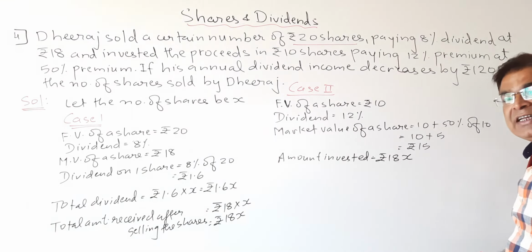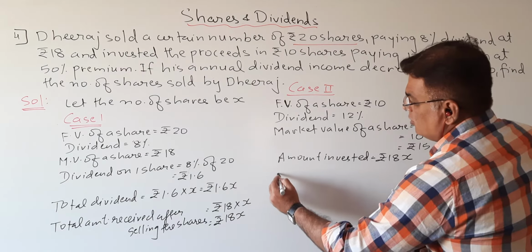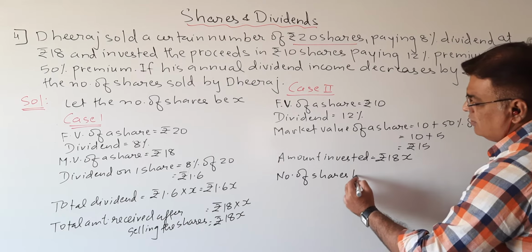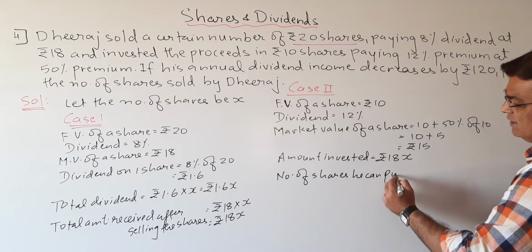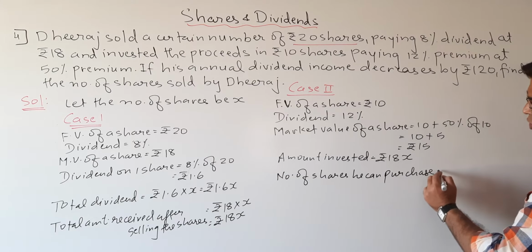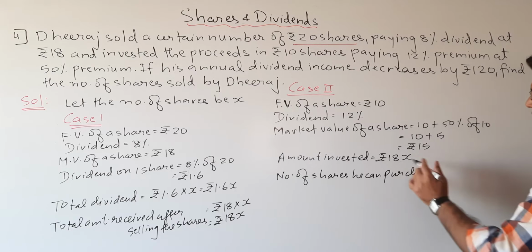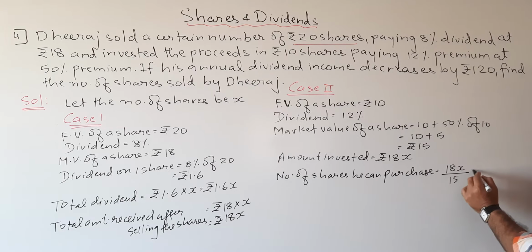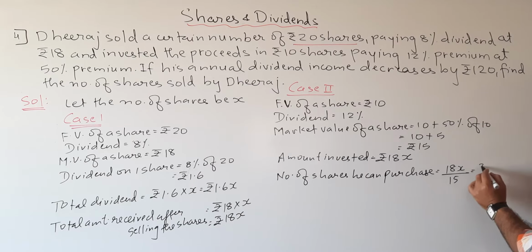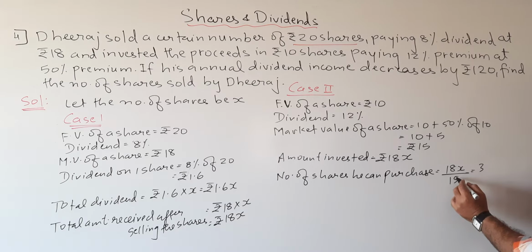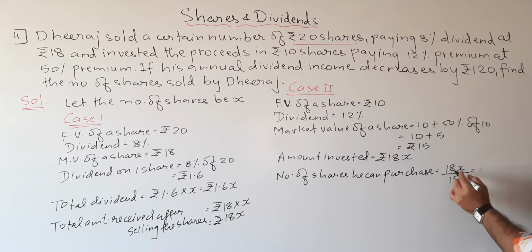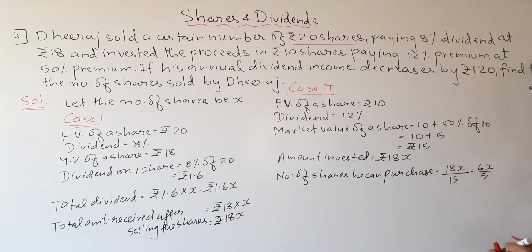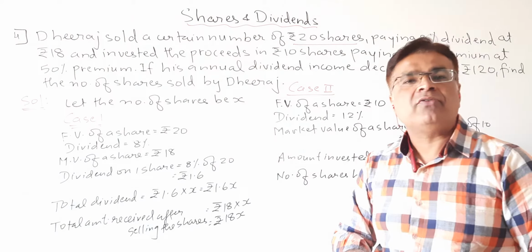So how many shares can he purchase? The number of shares bought is equal to the total amount invested, 18x, divided by the market value of one share. If I do cancellation, both are divisible by 3: 3 6 and 3 5. So the number of shares he bought is 6x upon 5.